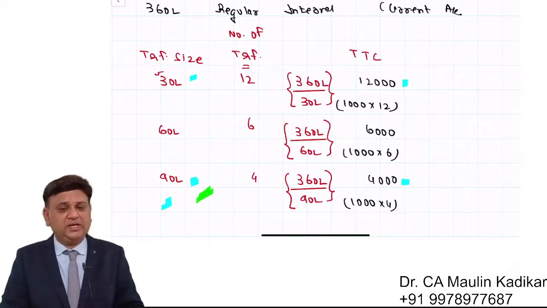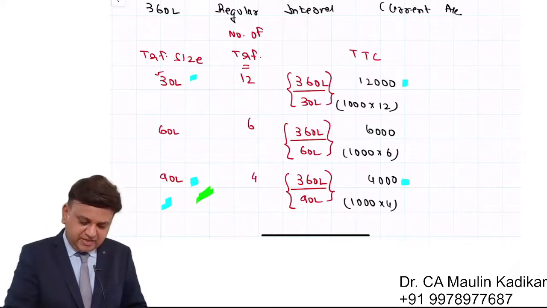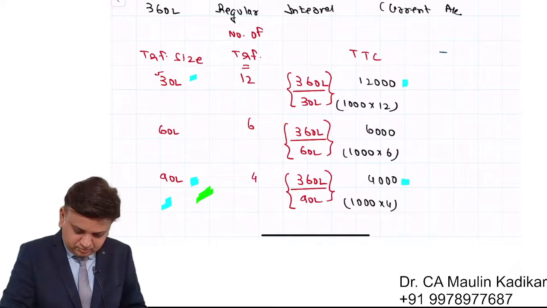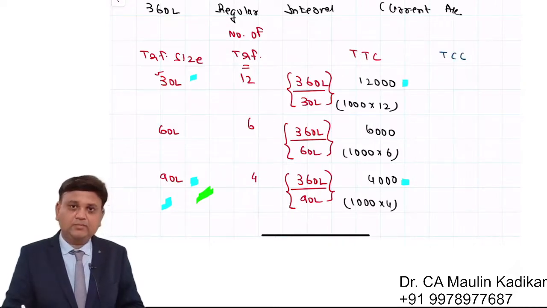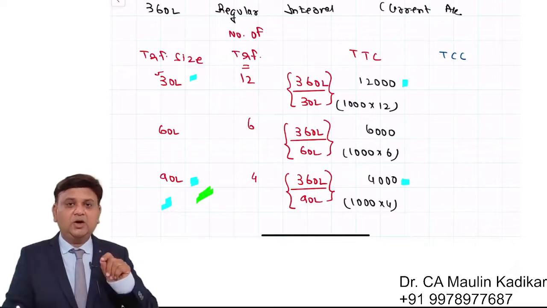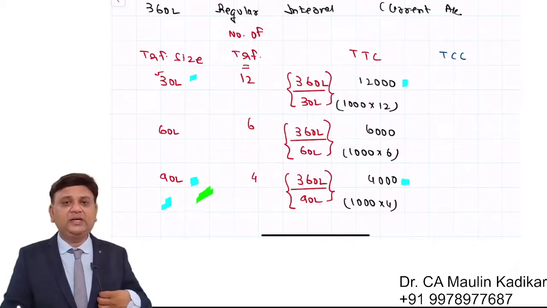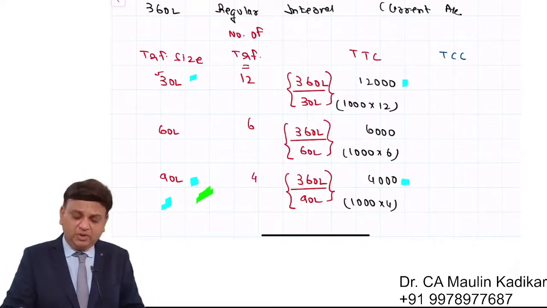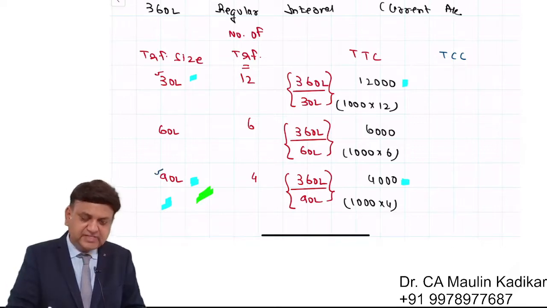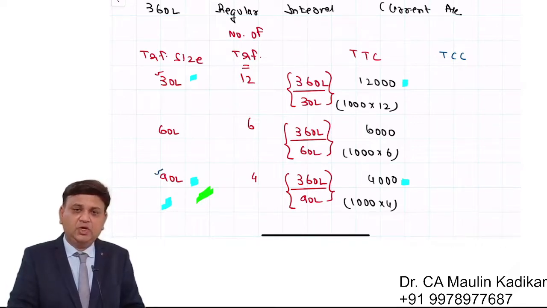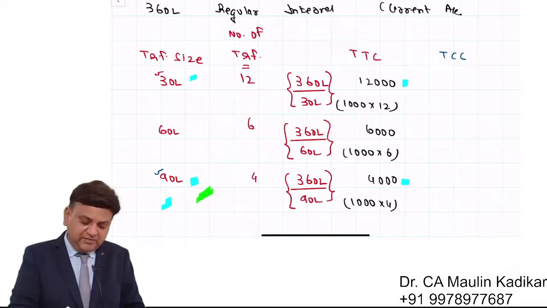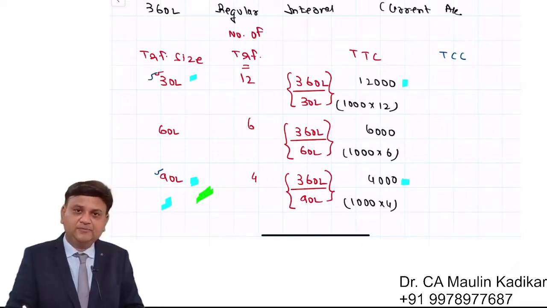Simultaneously, we are required to take into account the carrying cost. We understand that the average unutilized balance in the current account would be more if the transfer size is 90 lakhs. On an average, unutilized balance will be less if the transfer size is 30 lakhs.